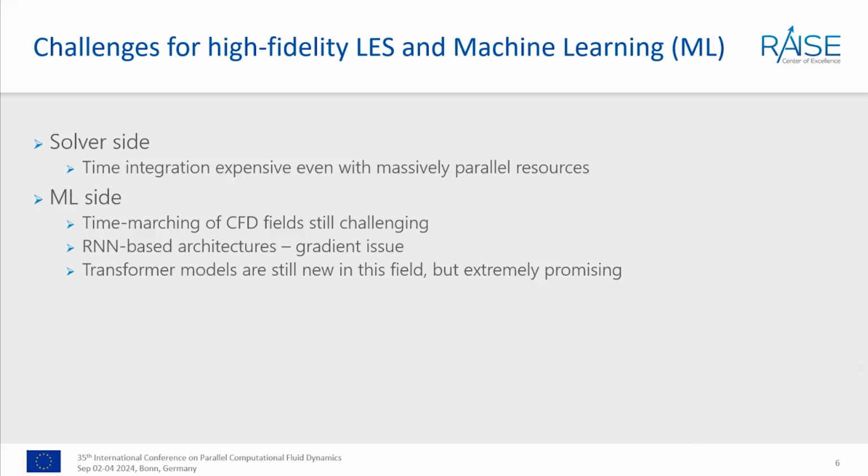For instance, recurrent neural networks have been used for quite some time, and we have issues there. But in the last few years, all of us know that there are these transformer models, used extensively in the natural language processing community, which promise quite a lot. So this talk is targeted towards using one of these transformer models for solving this problem, or accelerating the problem, I should say.